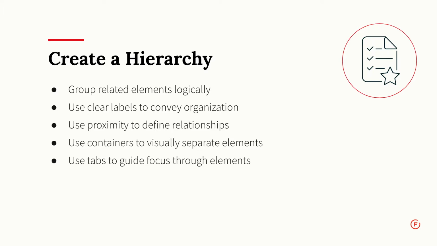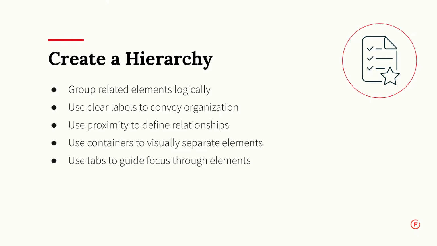Use clear labels so that you can say why they're organized like that. And proximity, put them close to each other so that they understand them. Even if you're grouping things in a box and indicating that, the most relevant things should be the closest to each other. And use containers to visually separate them.